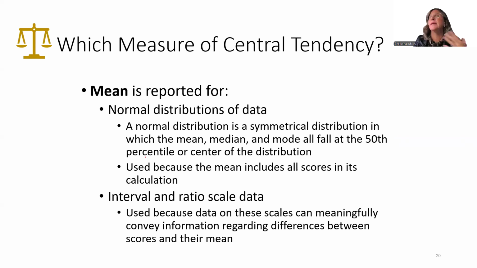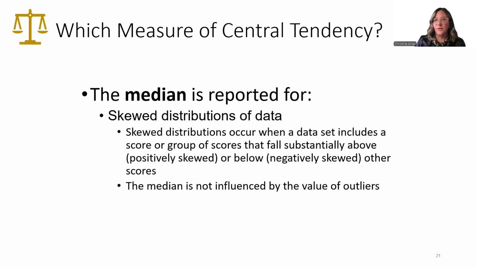It's the most common, and it is the best measure of central tendency. It is used for quantitative data overall, the mean is. That's going to be your go-to measure of central tendency, unless the data is skewed.